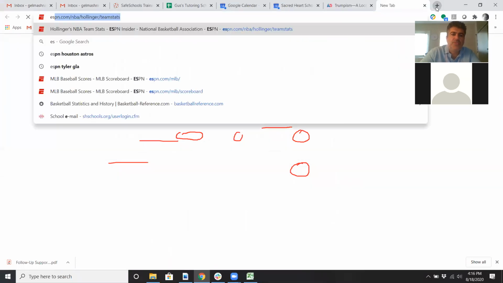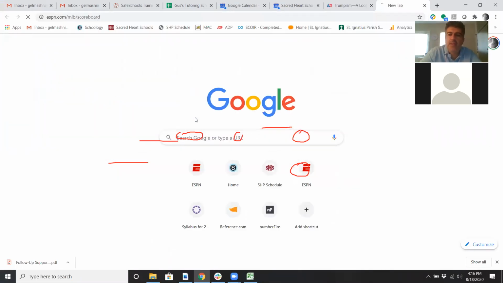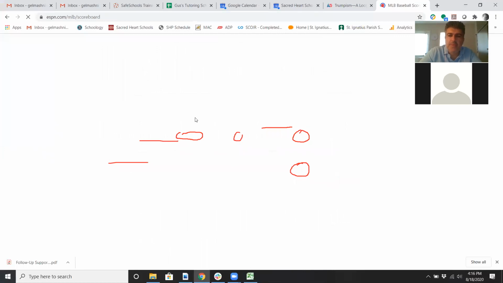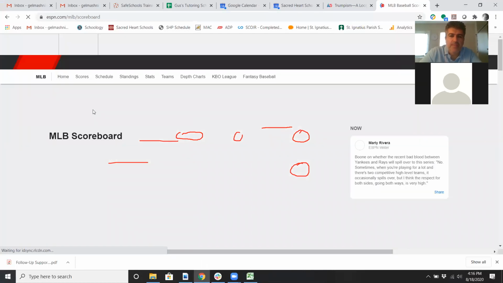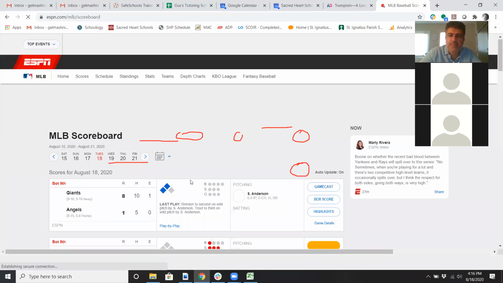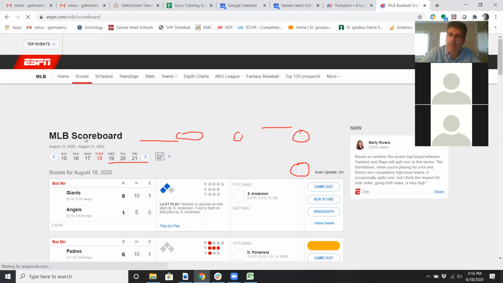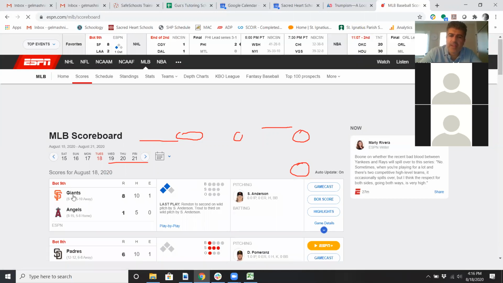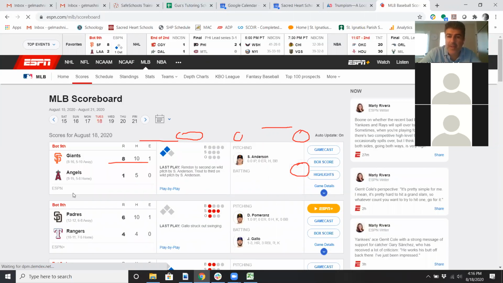Actually, I'm kind of curious how the Giants are doing right now because they're playing baseball. I mean, that is my team, so we'll look at the Giants. I think they were winning. They were beating the Angels earlier, even though they're having a pretty terrible season. Mr. E, what do you think of Trevor Gott? Trevor, for the Giants? Yeah. To be honest with you, I wasn't really paying attention yesterday.